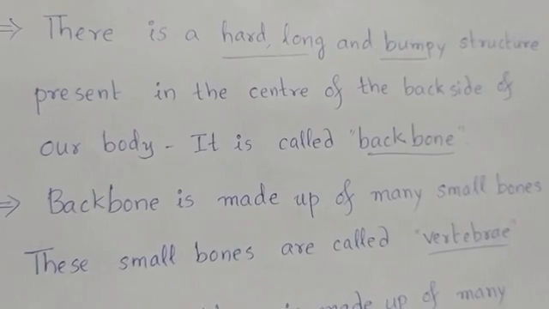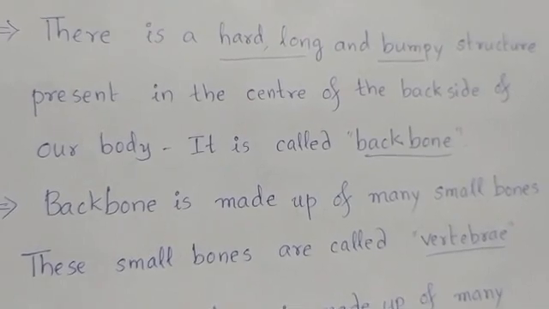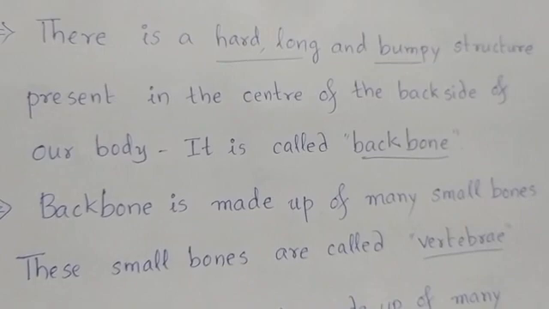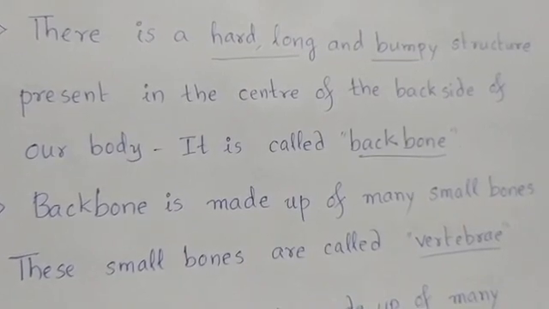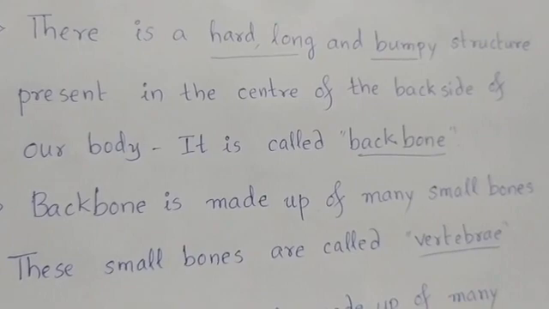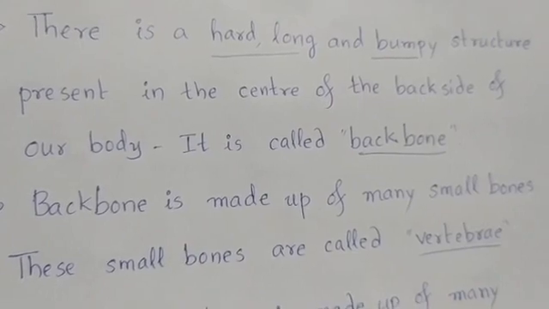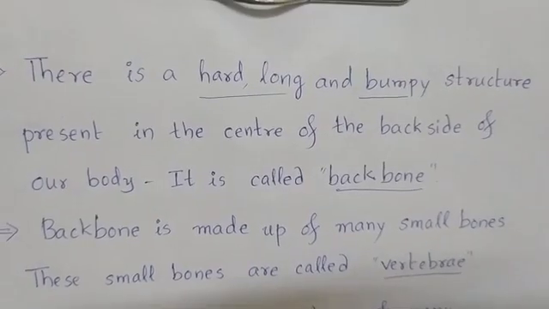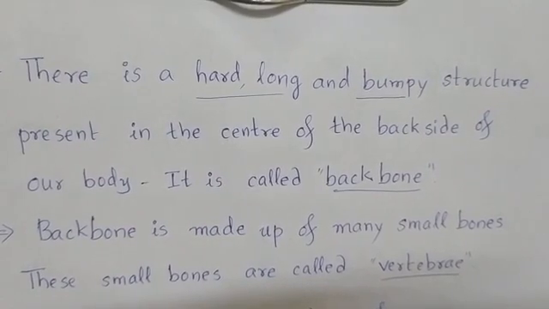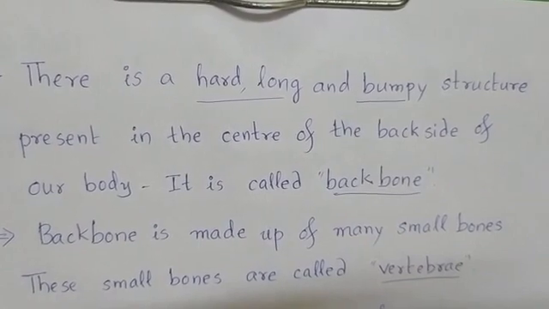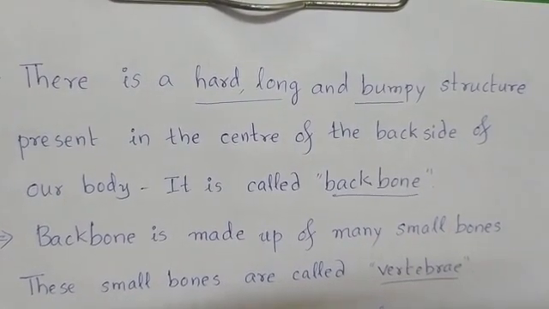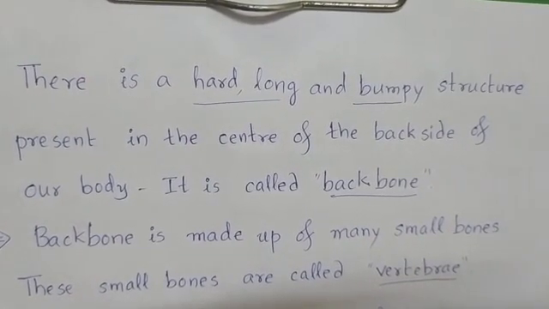In the backside, as we already have discussed, there is a hard, long and bumpy structure present in the center. It is called the backbone. What is the backbone? The hard, long and bumpy structure present in the center of the backside of our body is called the backbone.